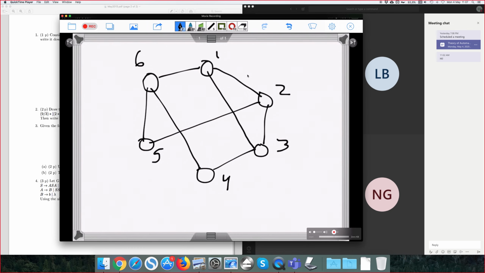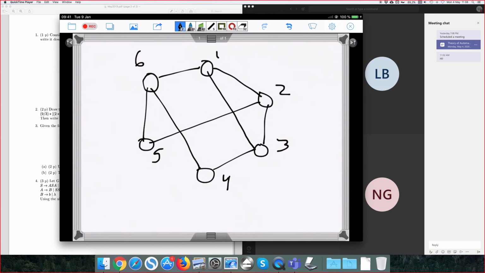Okay, so remember that finding Hamiltonian paths in graphs is in general difficult, meaning that if we have a large graph, there is no efficient algorithm that we know of in order to check whether the graph has a Hamiltonian path or not. And of course, we also don't have an efficient algorithm to find the Hamiltonian path in case it exists.